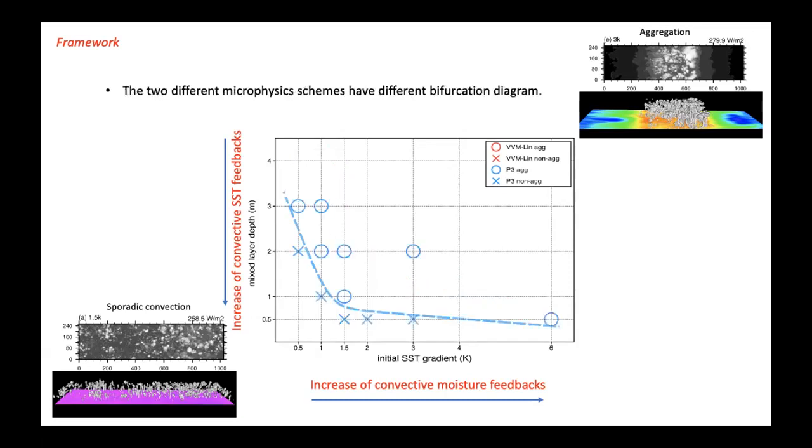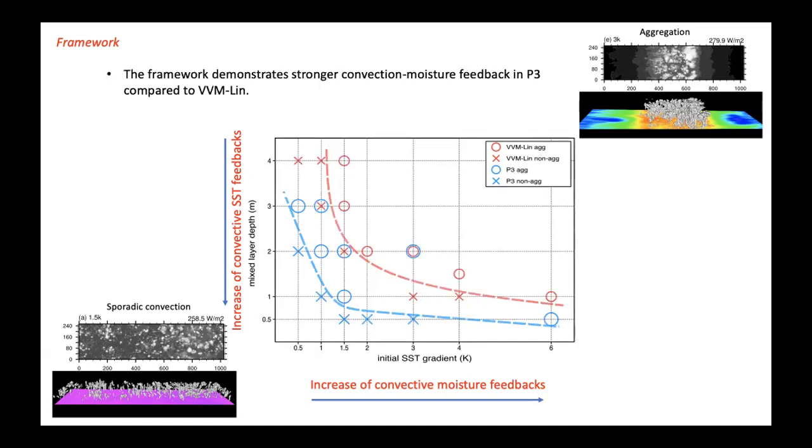On the other hand, if we use P3 microphysics, a similar bifurcation diagram can be found, but the bifurcation line moved to the lower left of the diagram. This result suggests a stronger convection moisture feedback in P3 compared to VVM Lin.